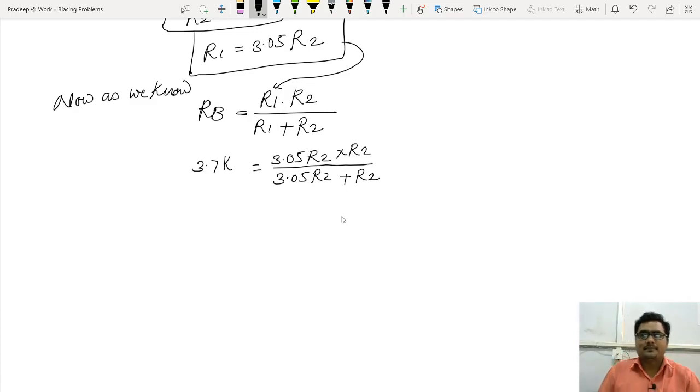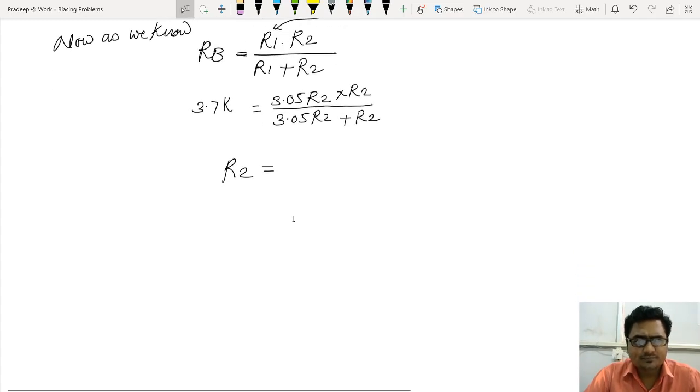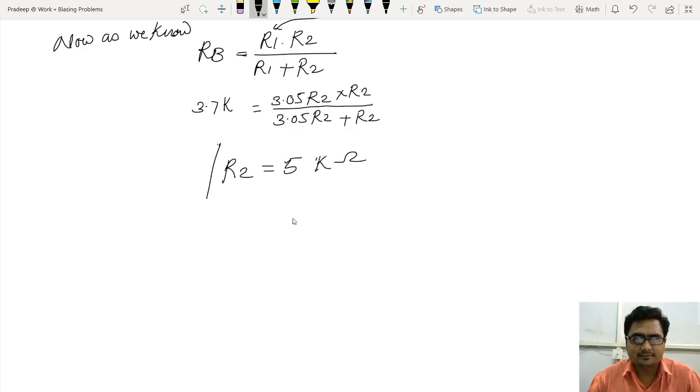Now check. In the whole equation we have only R2 and the rest are known values. So from that I can easily calculate the value of R2. Just use your calculator. If I do some mathematics, I will get the value of R2 as approximately 5k.